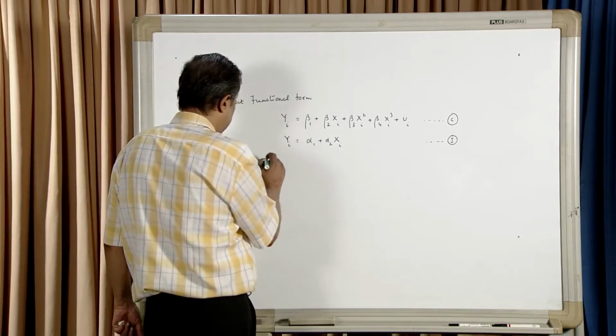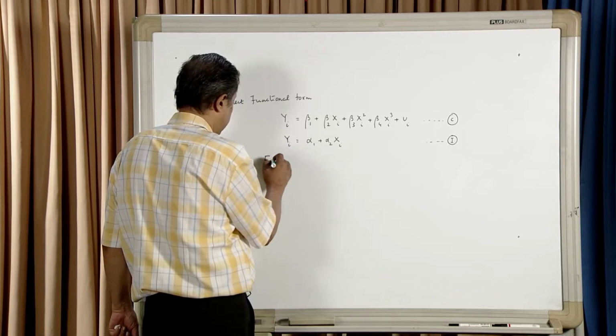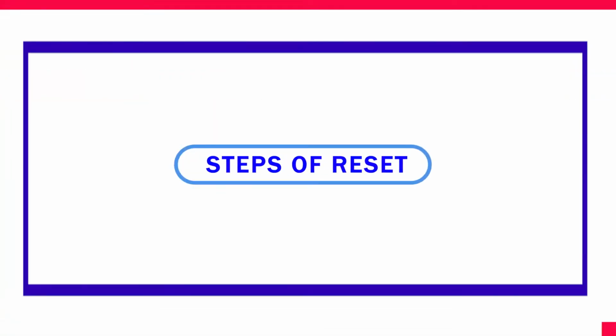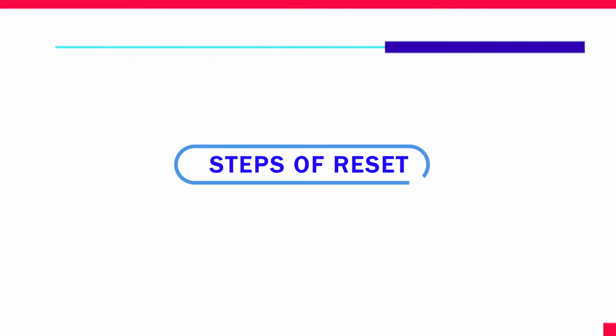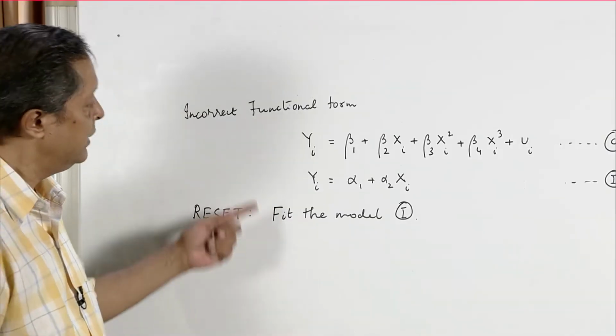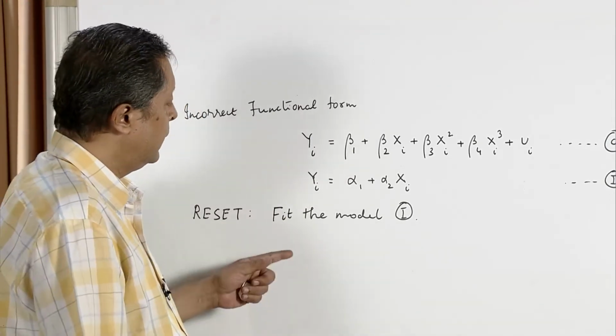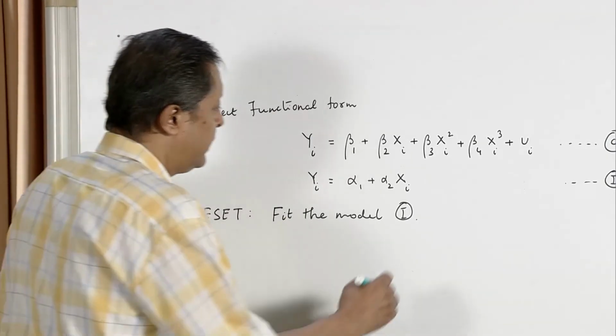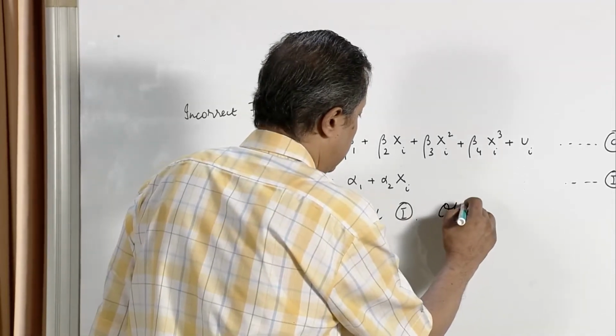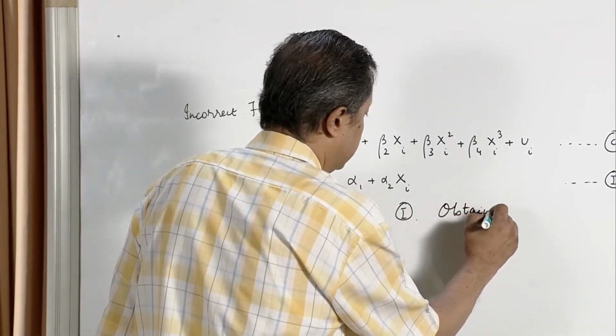First, we fit the model I. That means incorrectly we fit the model, but then we know that from this model we will get estimated y.